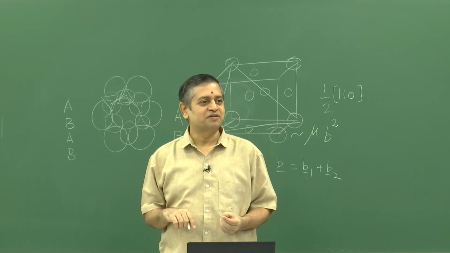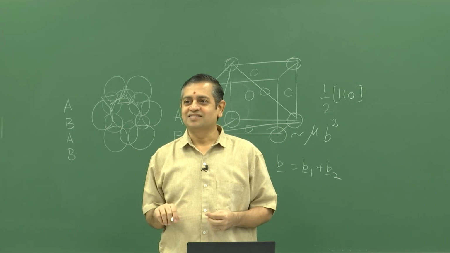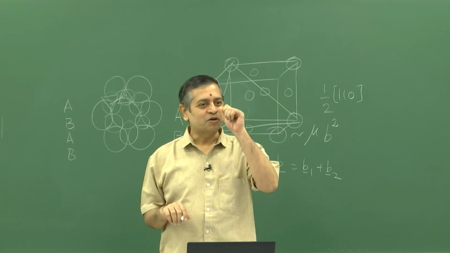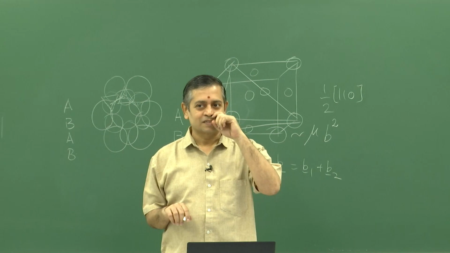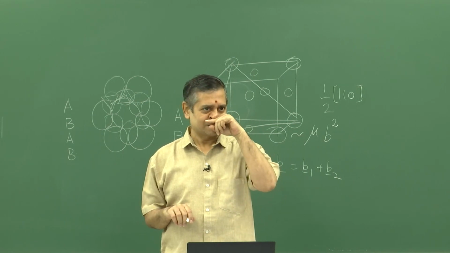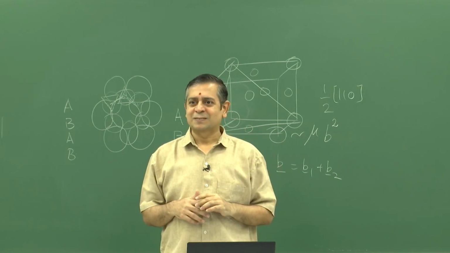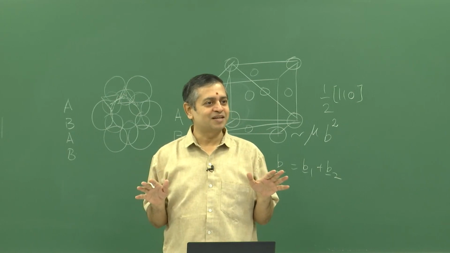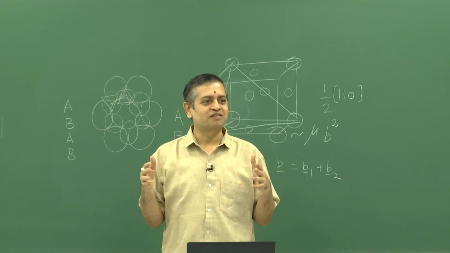So, do any of you know why there is a leading partial and a trailing partial? It is related to the structure. You have heard of the leading partial and trailing partial, most of you who have heard about stacking faults and partials. So which one is the leading partial, how do I decide, or which one does the system choose and why?